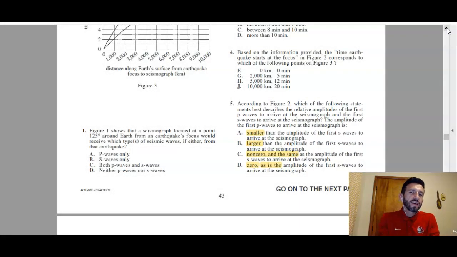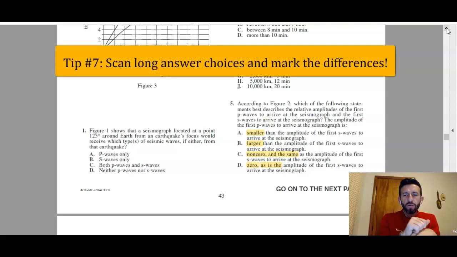Now you're going to see lots of questions like this on the ACT where there are 4 multiple choice. It's always 4, but there are 4 sentences. They all sound really similar, and it can be kind of confusing. So my advice is scan all the answers quickly and mark what's different, just like what I did right here. So it's easy for me to know what I'm looking for.